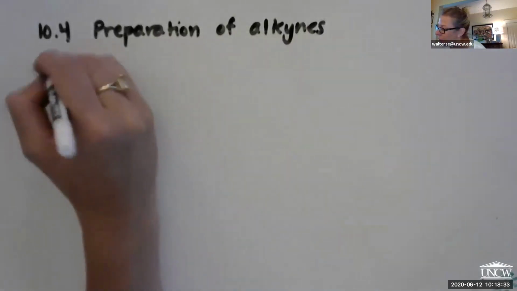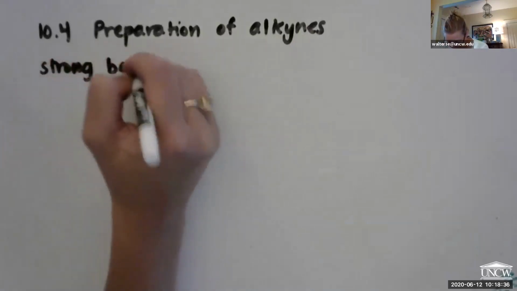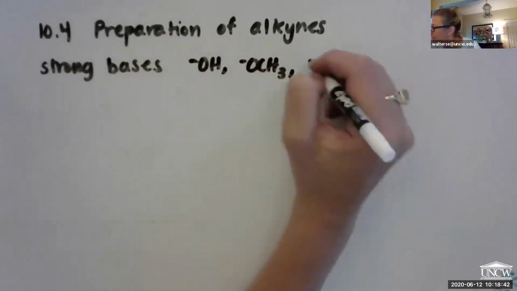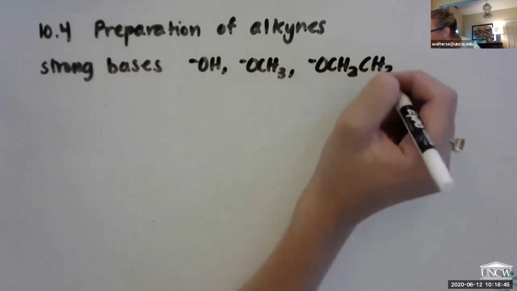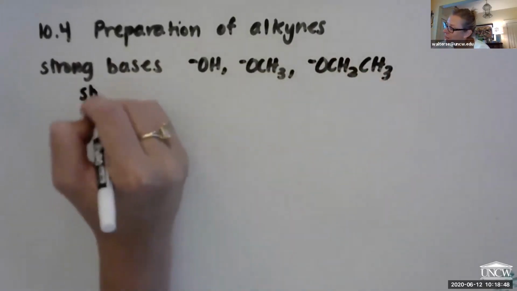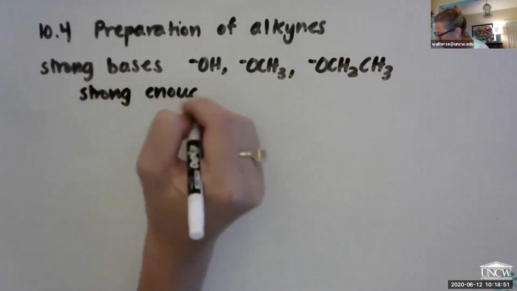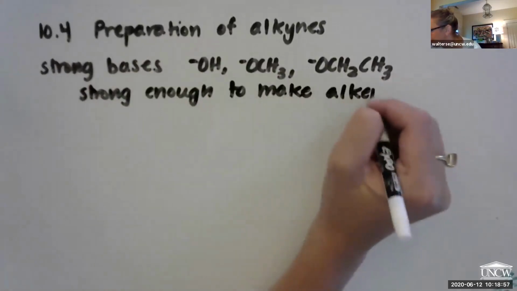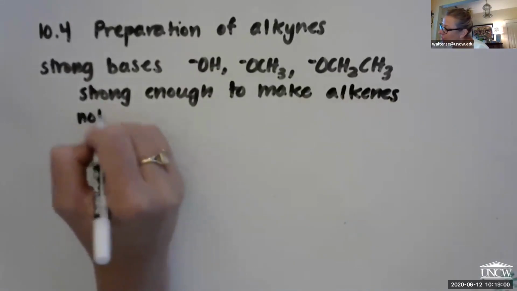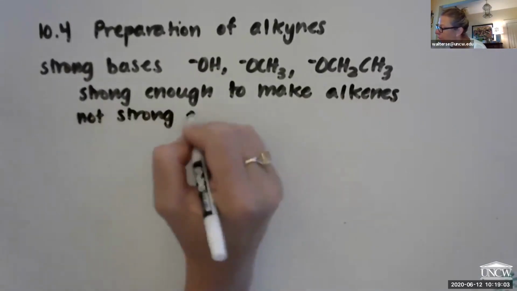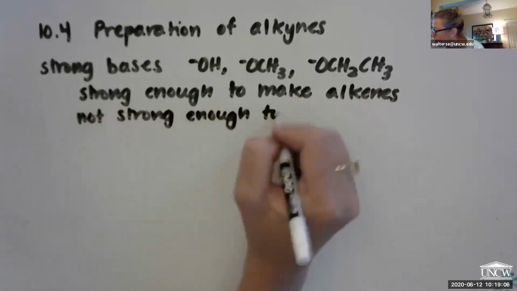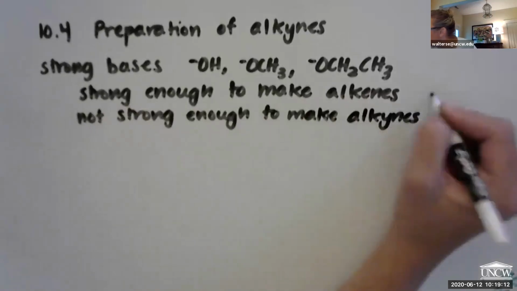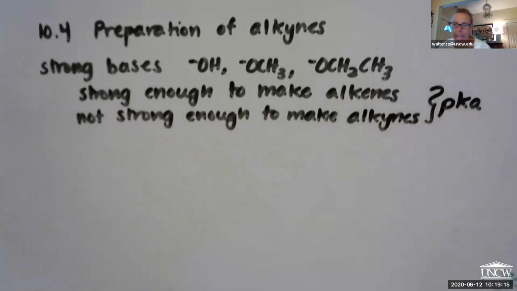So strong bases like hydroxide, methoxide, and ethoxide are strong enough to make alkenes, but they're not strong enough to make alkynes. And these considerations are coming from the pKa of the reactions involved.